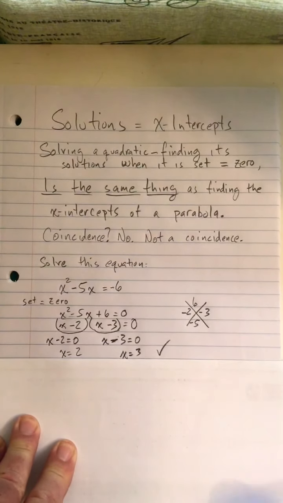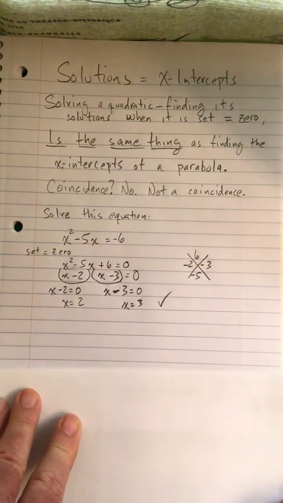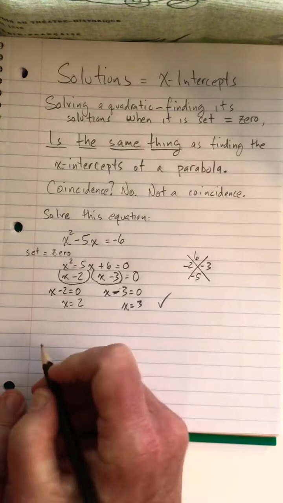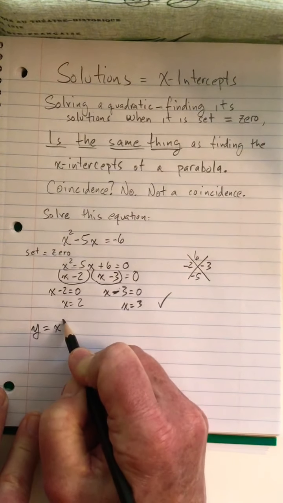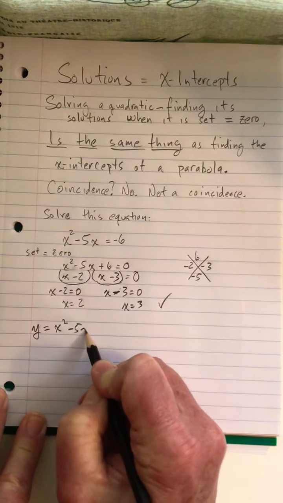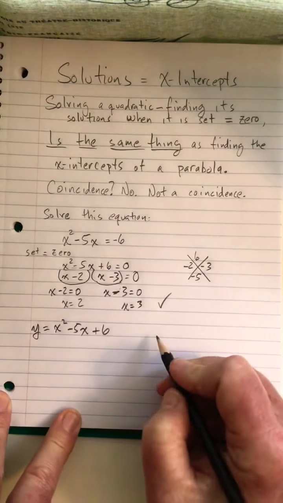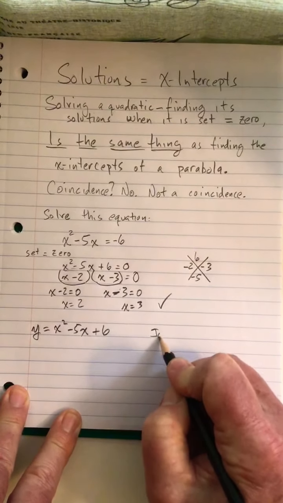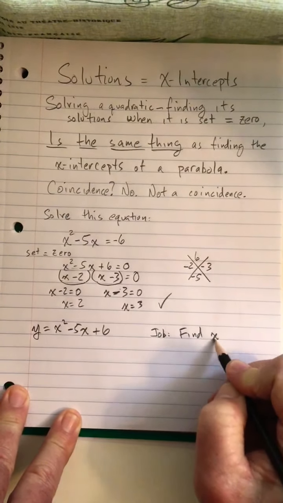We got the solutions. Now, what I want you to think about at this point, though, is let's say we have a parabola. And let's say the equation for that parabola is y equals x squared minus 5x plus 6. All right? Well, what if your job here is to find the x-intercepts of the parabola?